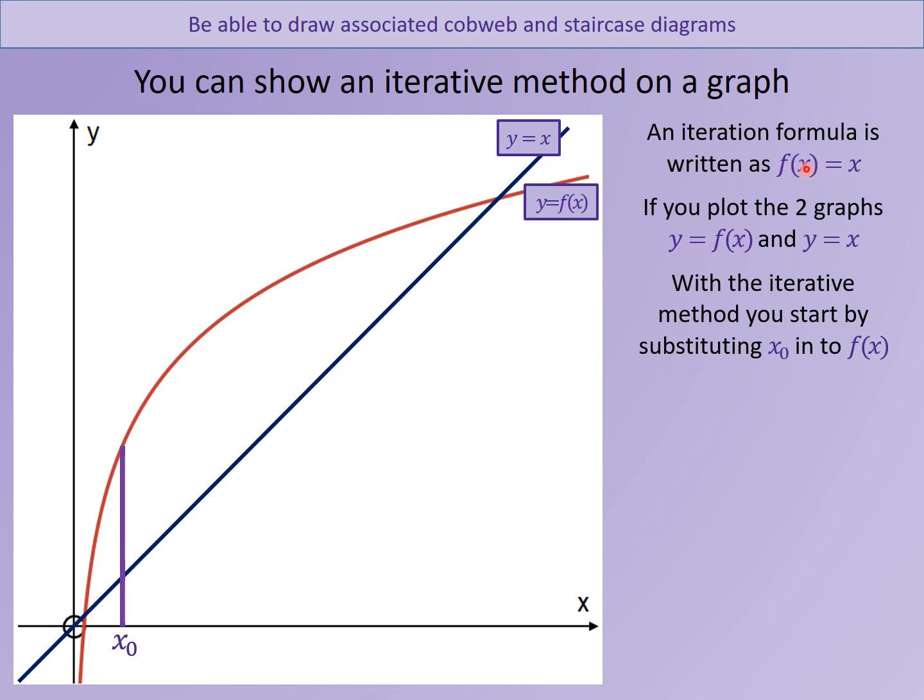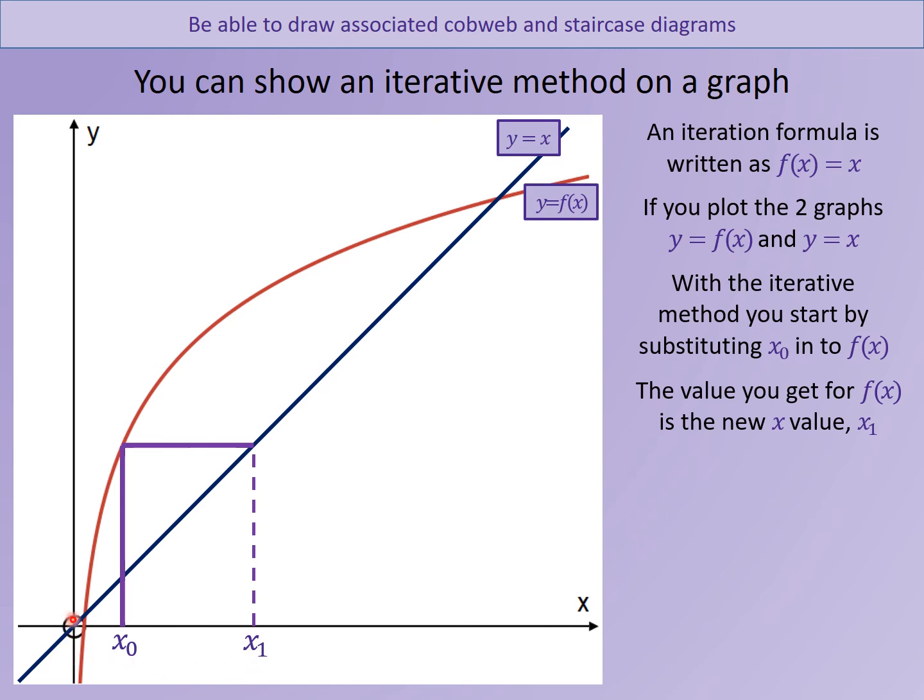Once I've substituted into that function, that value becomes my next x value. That will be my xn plus 1. So I've substituted it in, I've got this value out, whatever it is, and I use that for my new value. So I can put that across, and that gives me my next value of x.